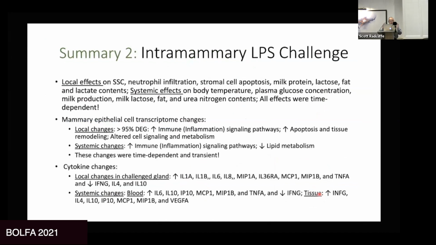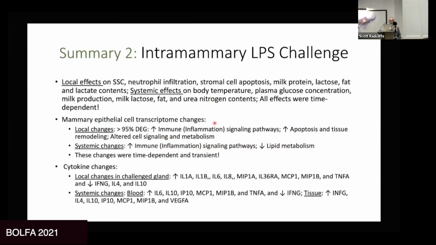And the gene expression changes mainly happen locally in the LPS treated mammary gland, mainly including cytokine, inflammation, apoptosis, cell signaling and metabolism. But systemically, in the mammary gland, the gene expression is mainly inflammation or cytokine signaling, with decreased lipid metabolism.